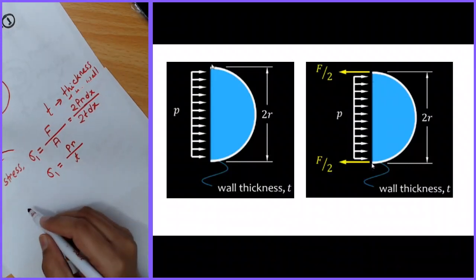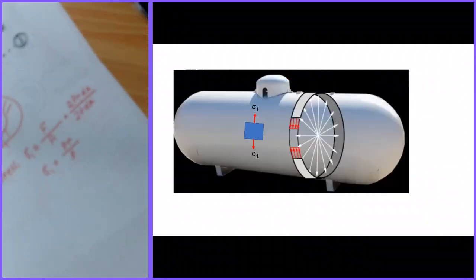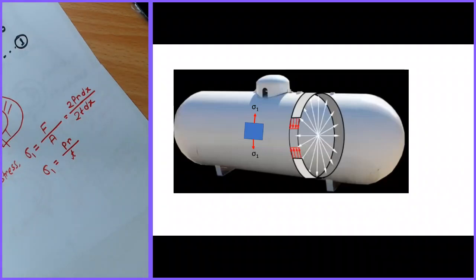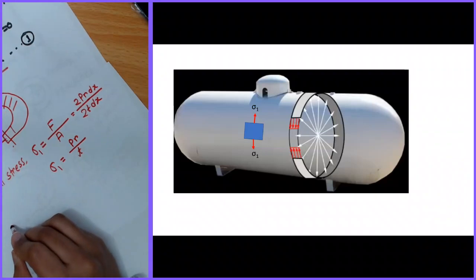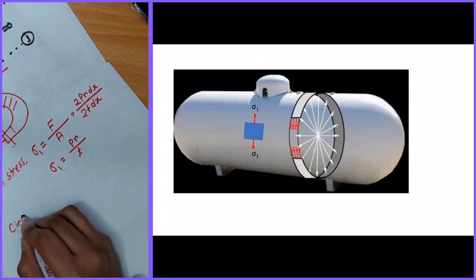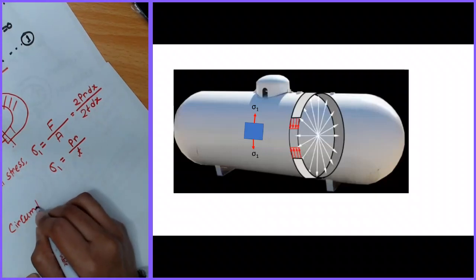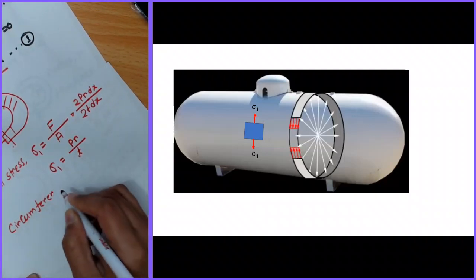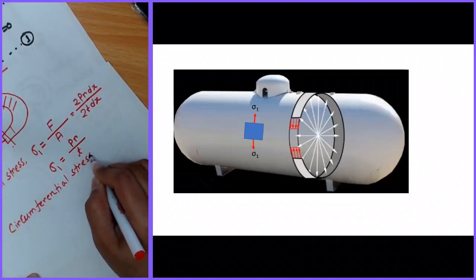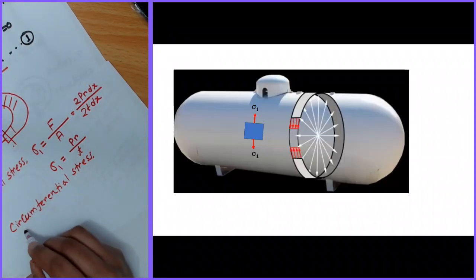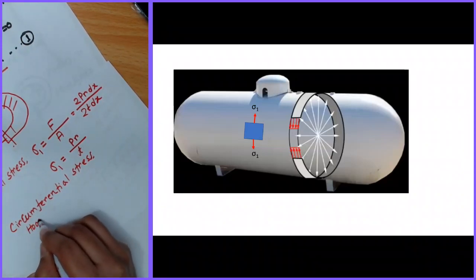So as you see in this picture, this stress acts along the circumference of this cylinder. That's why this stress is called circumferential stress. There are a few other names. Most popular is hoop stress.